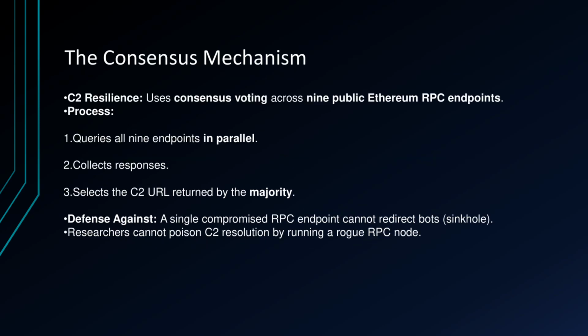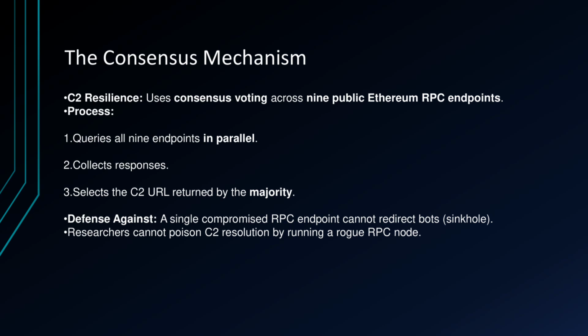Slide 6. The C2 is further secured using consensus voting across 9 public Ethereum RPC endpoints to ensure reliability and resistance to interference. The process queries all 9 endpoints in parallel, collects all responses, and only selects the C2 URL returned by the majority of these nodes.